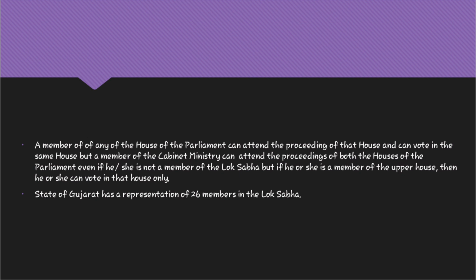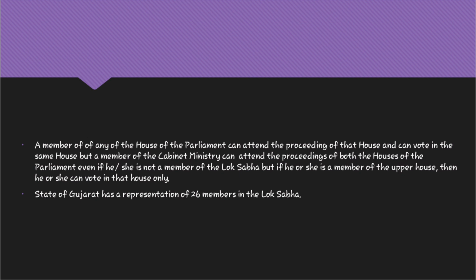But if you are a member of the cabinet ministry, the prime minister and his cabinet ministers, otherwise chief minister and his cabinet ministers, if you are a cabinet minister, then you can attend the proceedings of both the houses, upper house and lower house, even if you are not a member of that house.